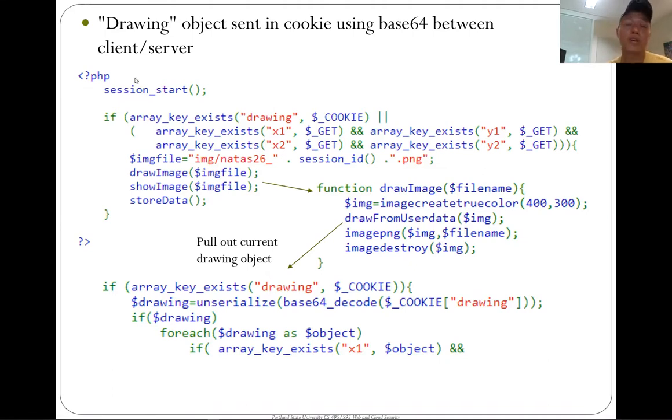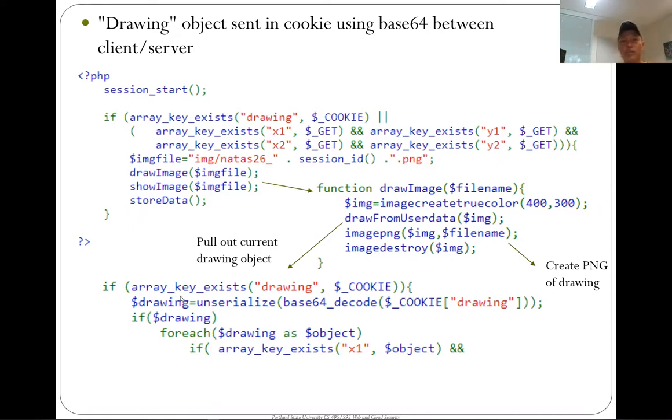There's a view source code link on the level site. What it does is it gets the drawing that already exists in this cookie, and for each set of coordinates in this drawing, it cycles through and renders the object.